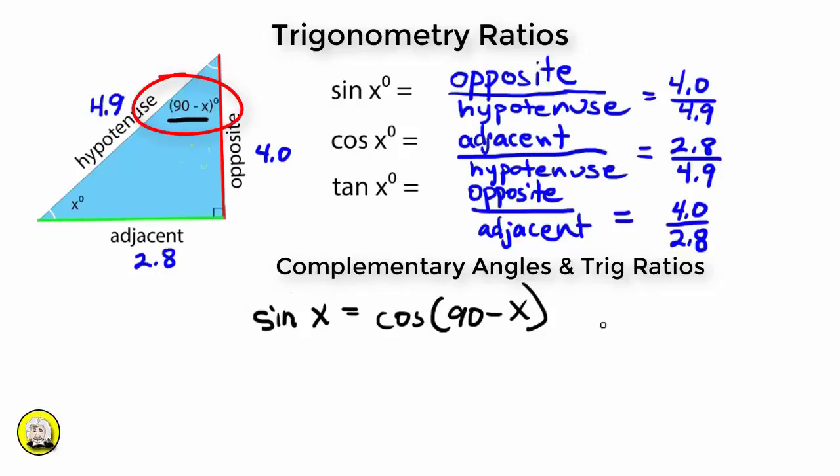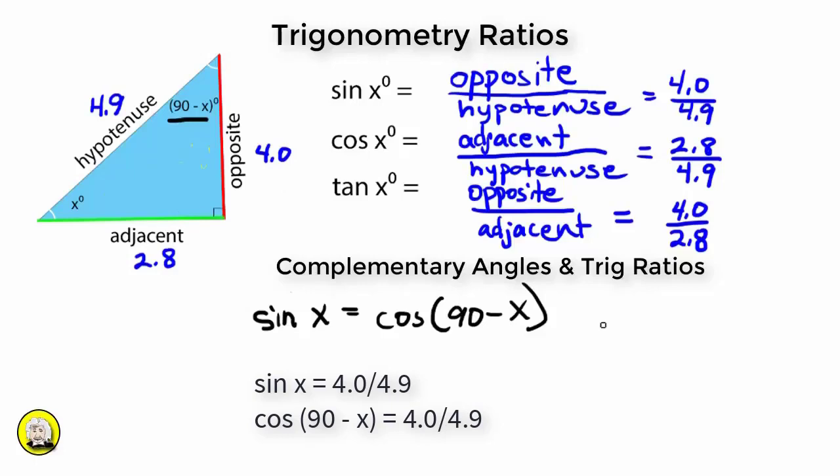The cosine of that angle is the very same ratio of sides, the adjacent to the hypotenuse, but the adjacent to 90 minus x is the opposite of x. So they're literally the same ratios. Therefore, the sine of x equals the cosine of 90 minus x in all cases.